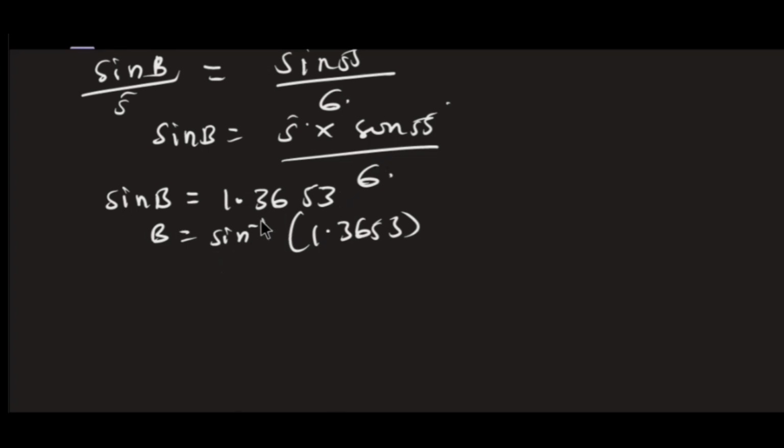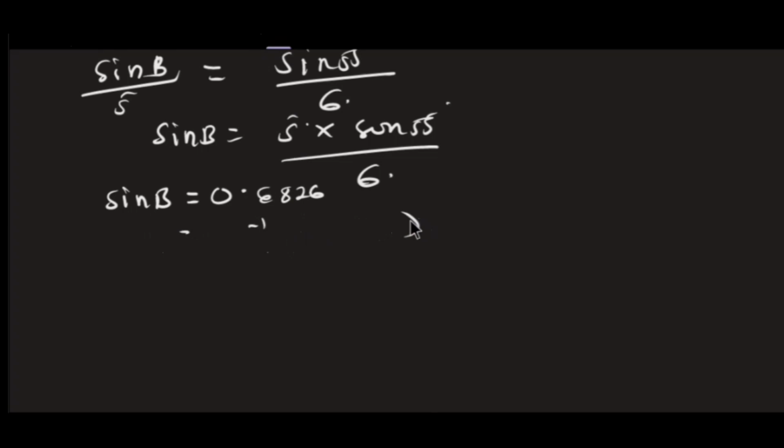And now I'm going to get this side to be 0.6826. So my b is simply equal to the sine inverse of 0.6826.